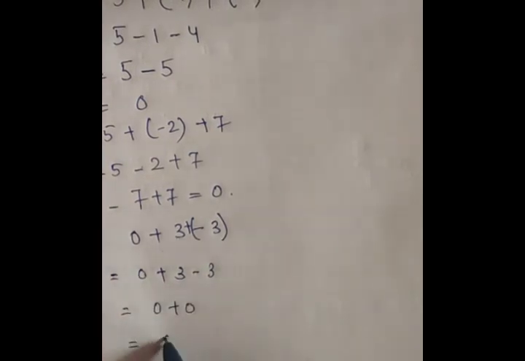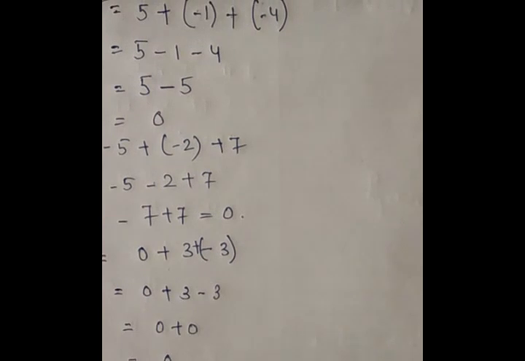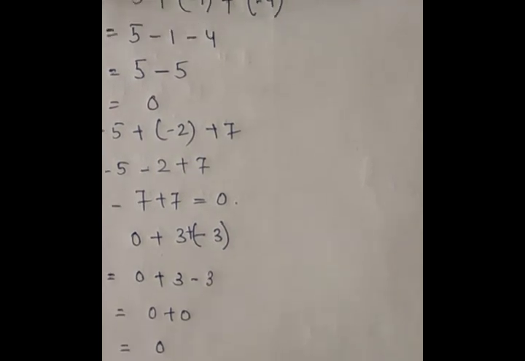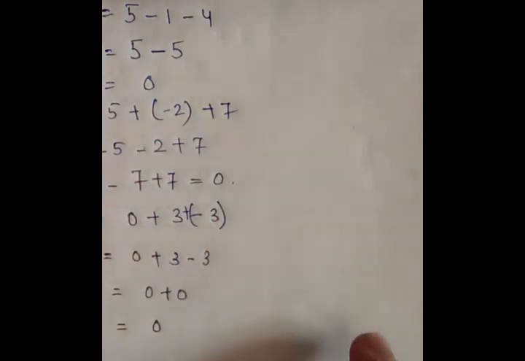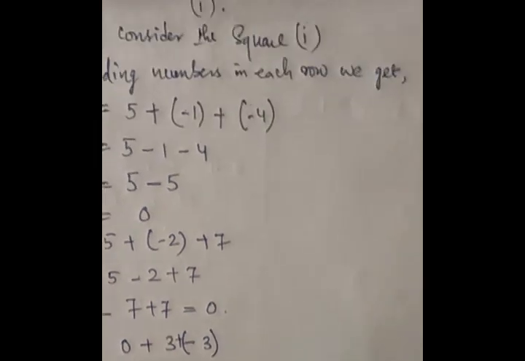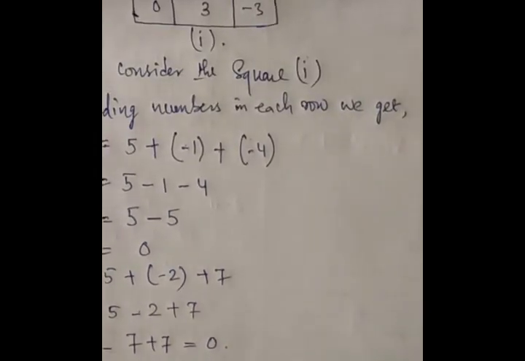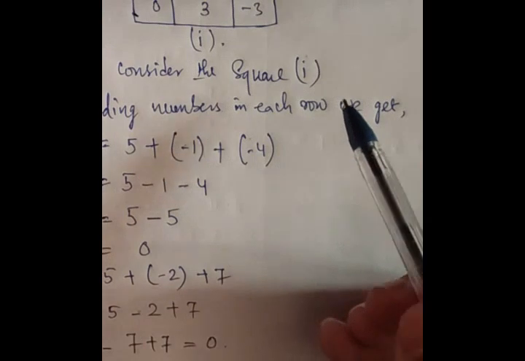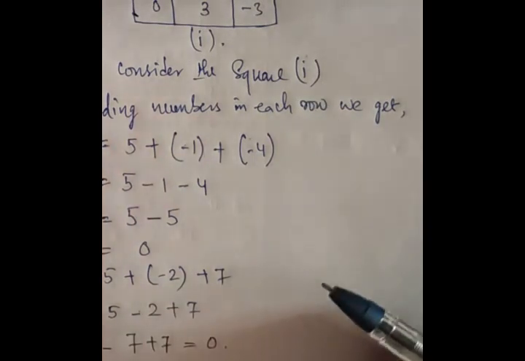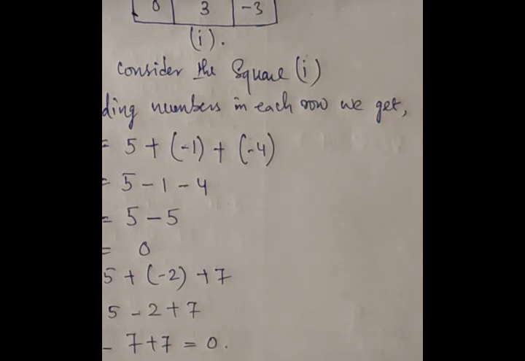So 0 plus 0 is 0. So in each row we got 0. Now we have to consider row, column and diagonal, then only your square will be considered a magic square, isn't it? Till now we cannot say that only by adding each row we got the same number, but we have to consider column also, diagonal also, right?